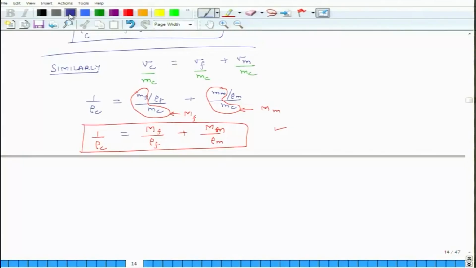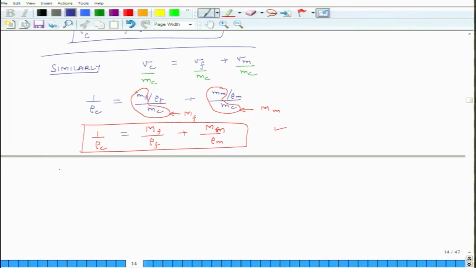So, from that they figure out what is the content of glass fiber in the material. That gives them an idea of the volume fraction as well as the mass fraction of the glass fiber, because you know the volume and mass of the original composite. So, from that you can figure out what is the volume fraction of fiber in the system.